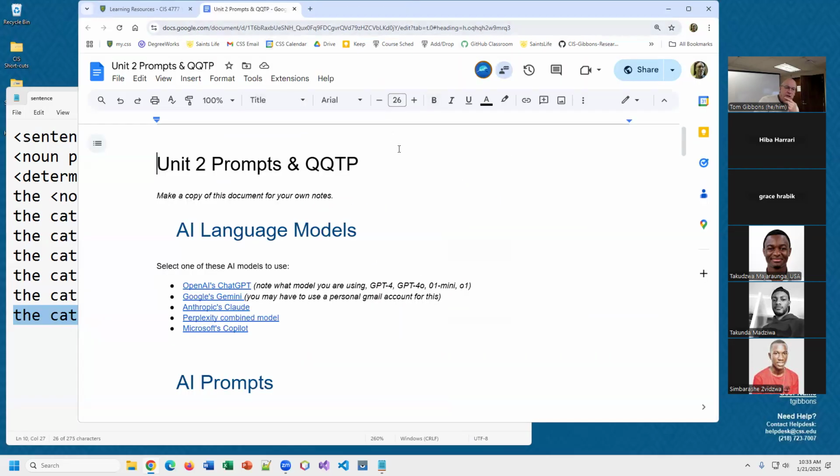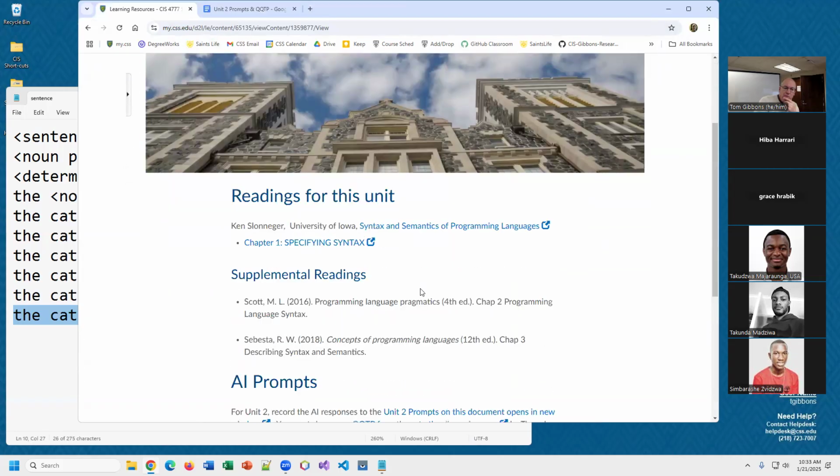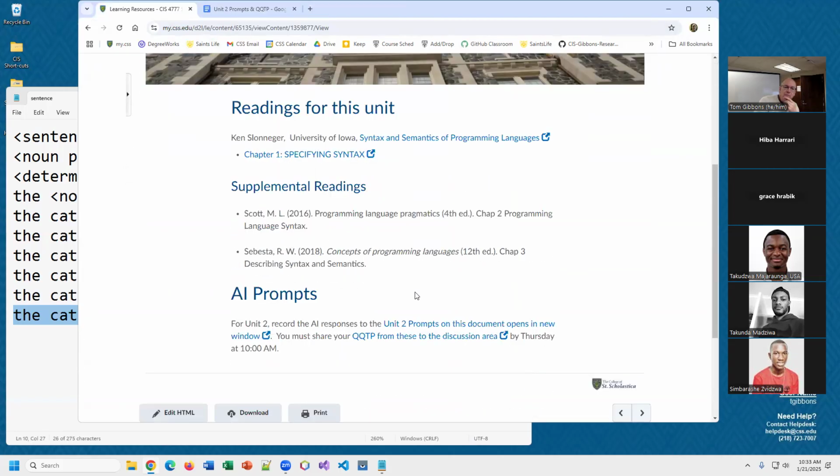So we're going to go into the prompts and have you work with those. We have these supplemental textbooks you could look at. Scott's Programming Language Pragmatics, and now you know what pragmatics are a little bit more.